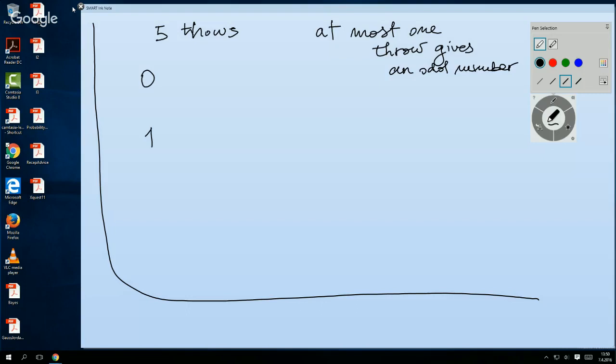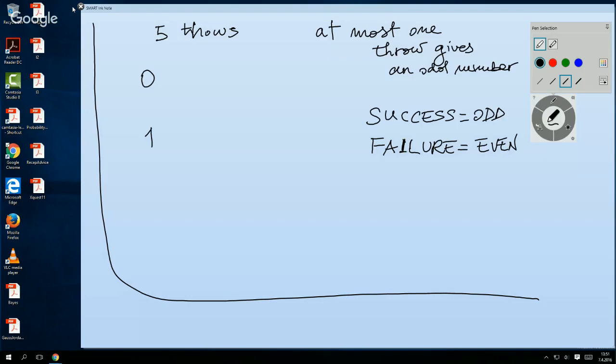This is a Bernoulli trial where we are interested in whether, when we cast a die, we get an odd number or not. So success means odd. Failure means even.